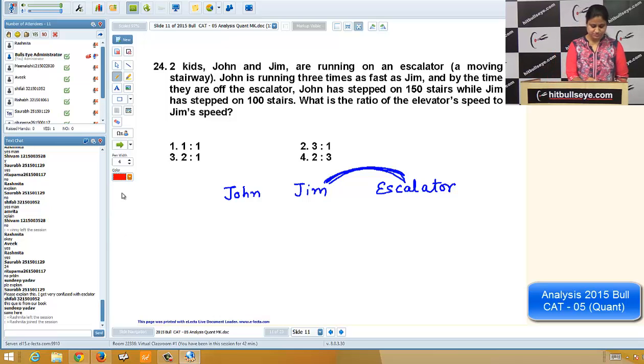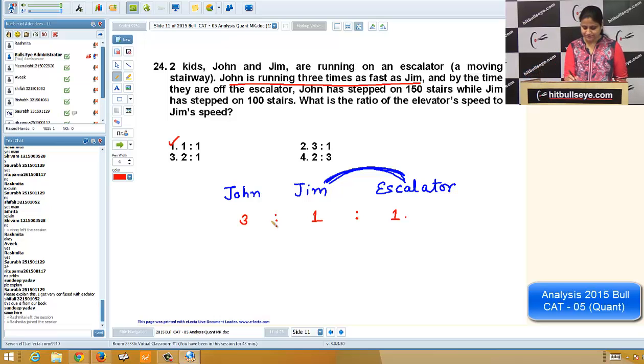We need to know the ratio of Jim's speed and escalator speed. Whenever we have an escalator question, it's better to manipulate the options if you have them. So I'm taking the very first option, which is the answer in this case. I'll explain one wrong option and one correct option. Suppose the speeds are in 1:1 ratio. Taking this line, John is running 3 times as fast as Jim, so John is thrice of Jim. So it will be 3:1:1.